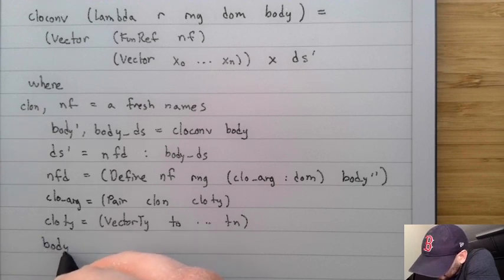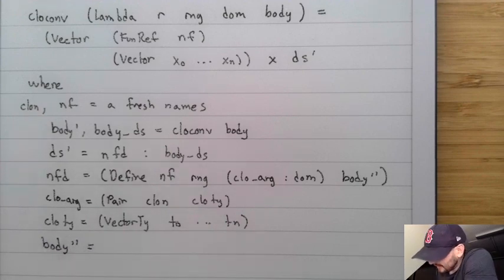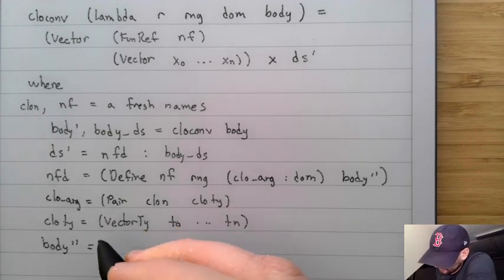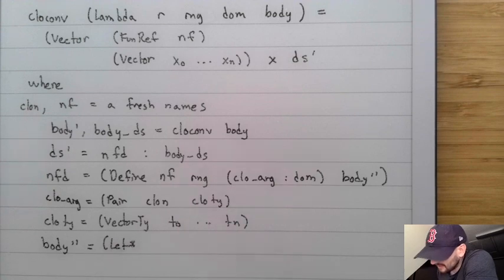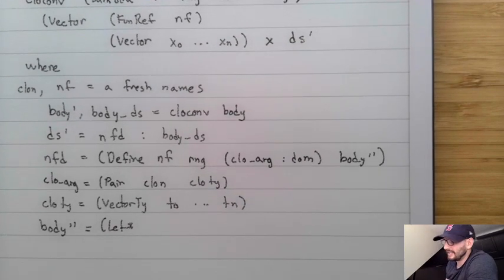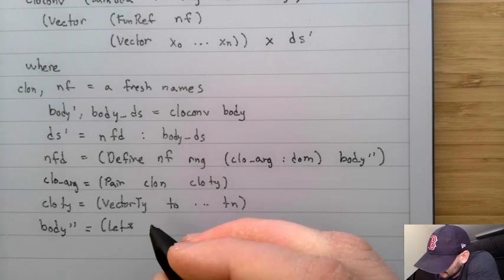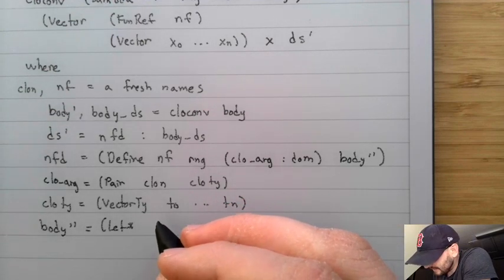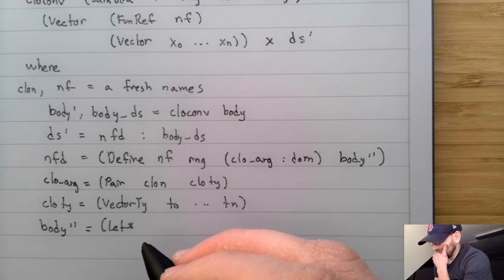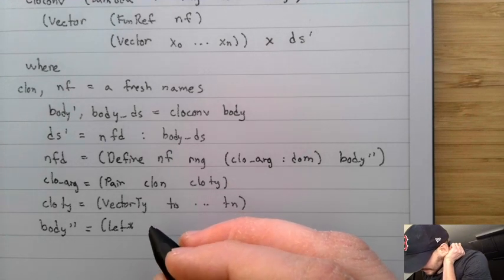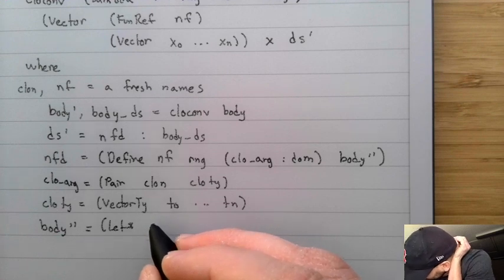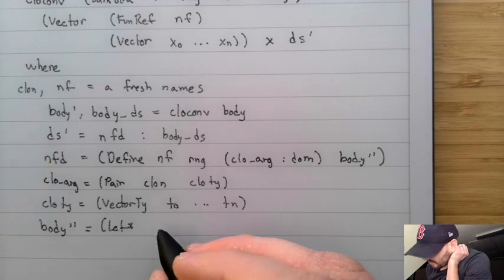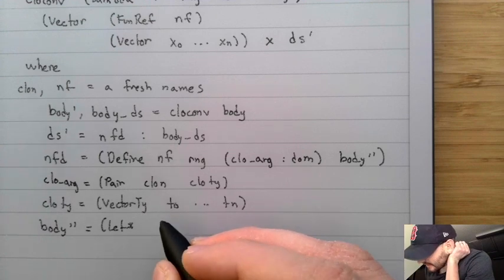Body prime prime is going to be equal to a let star, which is just like the sequence of lets that we've seen before. There's a list of things.